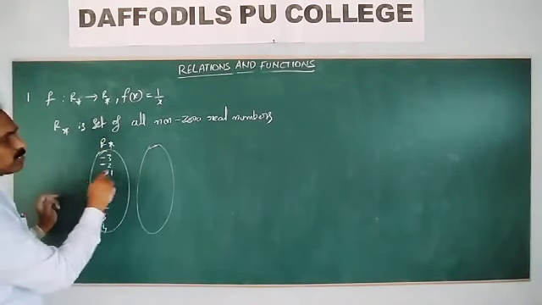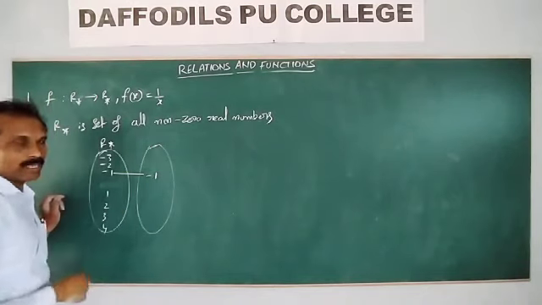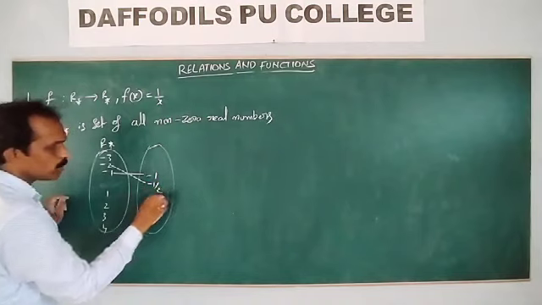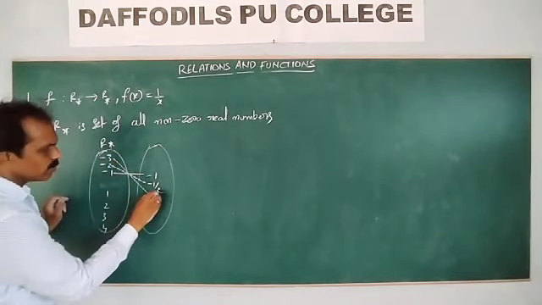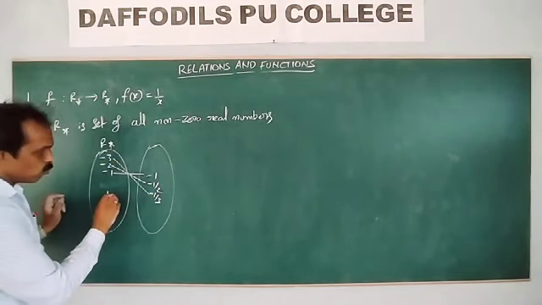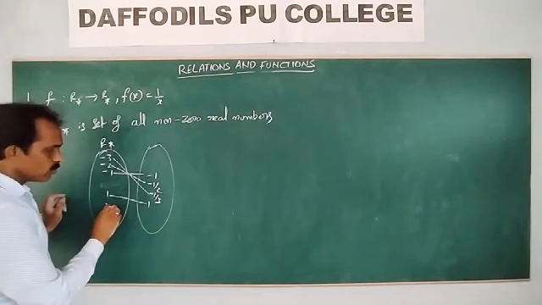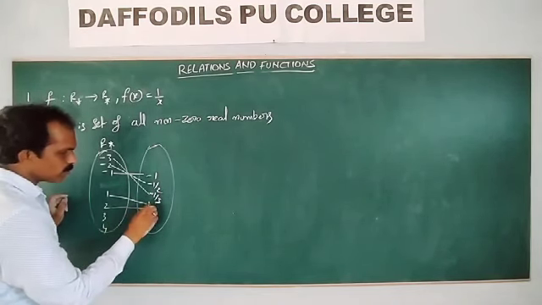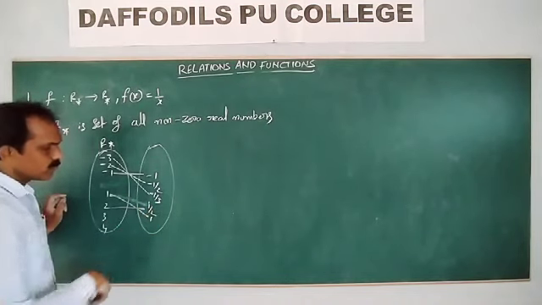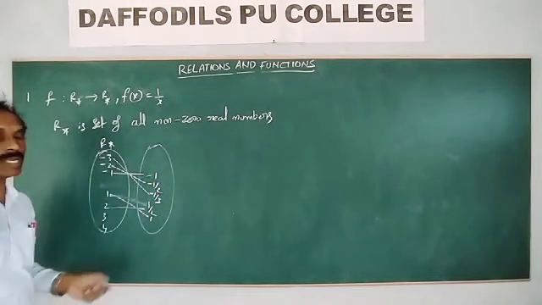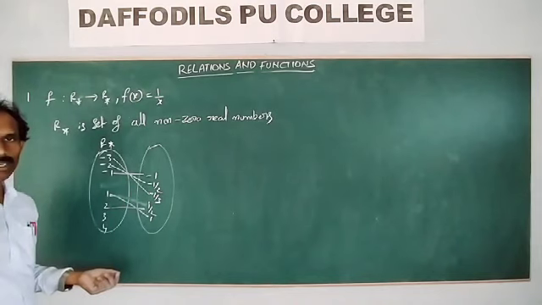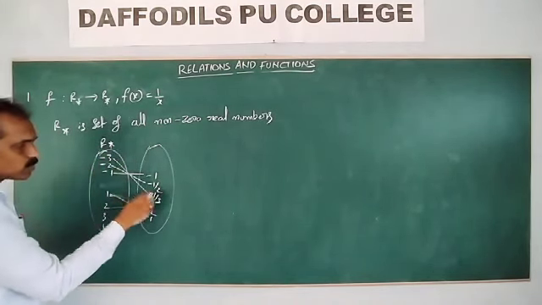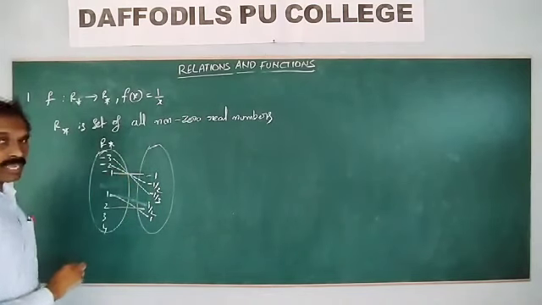Take -1, it maps to -1; -2 maps to minus 1 by 2; -3 maps to minus 1 by 3; 1 maps to 1; 2 maps to 1 by 2. Like that each and every element maps, and at least one element exists with -1 by 3, -1 by 2 like that.